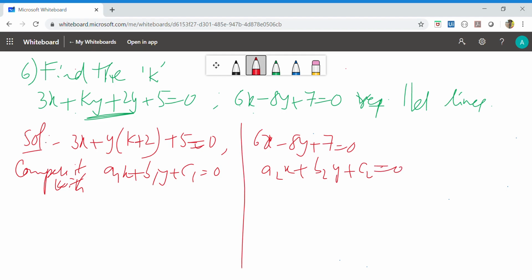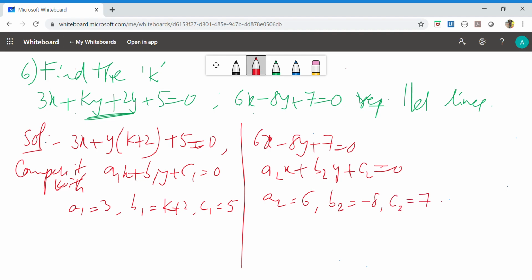So what is a1? 3. a1 is equal to 3. b1 is k plus 2 and c1 is equal to 5. What is a2? 6. What is b2? Minus 8. What is c2? 7.